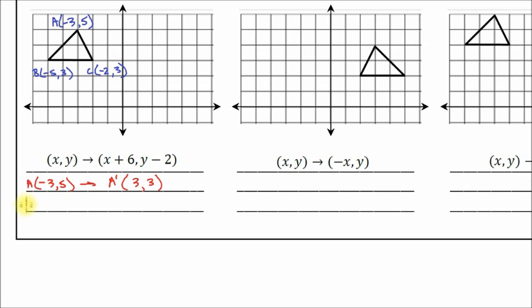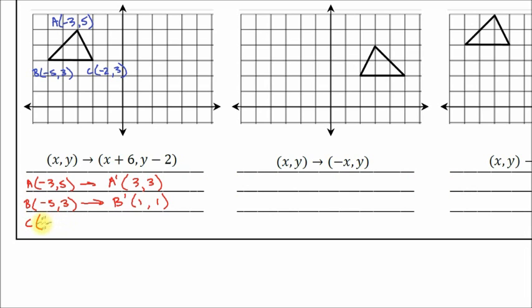Let's take a look at B. B started off at -5, 3. We're going to translate that to B prime. B prime is going to be -5 plus 6 is 1, and 3 minus 2 is also 1. And then let's find where C is going to go.